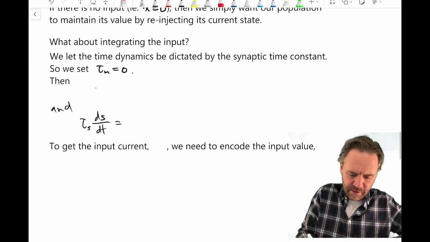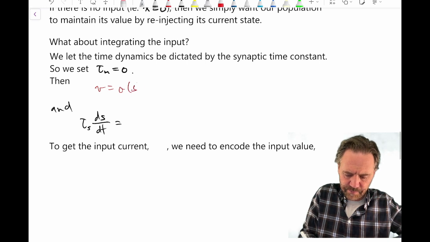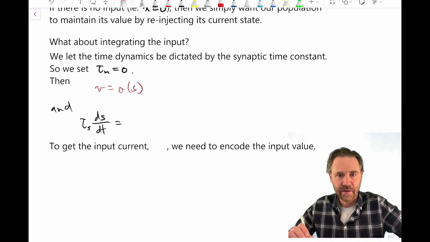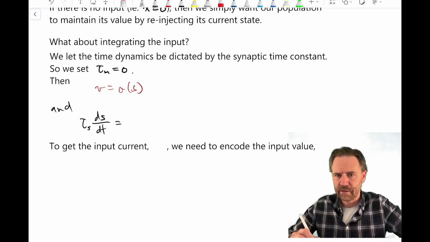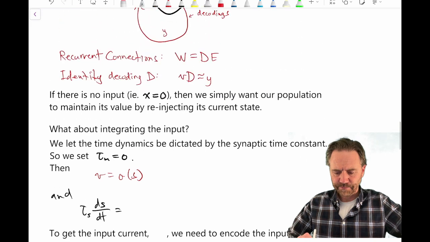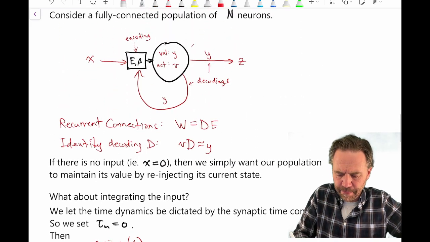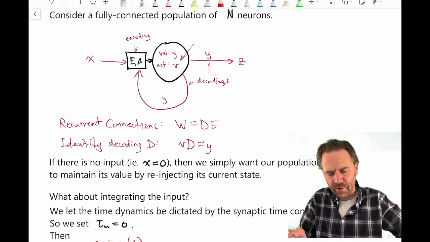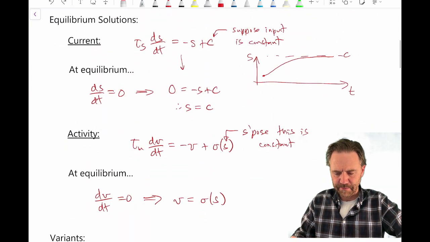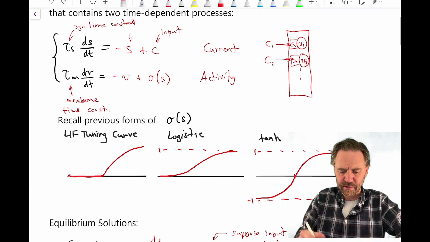So V equals sigma of S all the time. Whatever S is doing, V is right there, so there's no dynamics per se for V. This V, by the way, is the same as those neural activities, the same V's that I'm talking about up here in these differential equations.